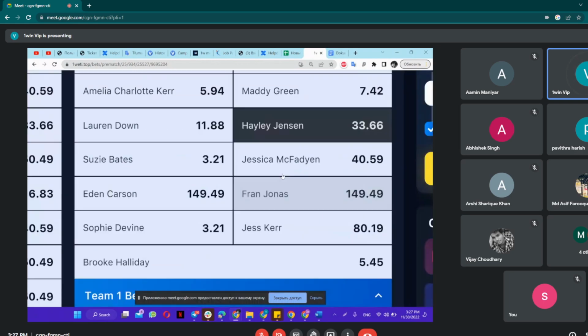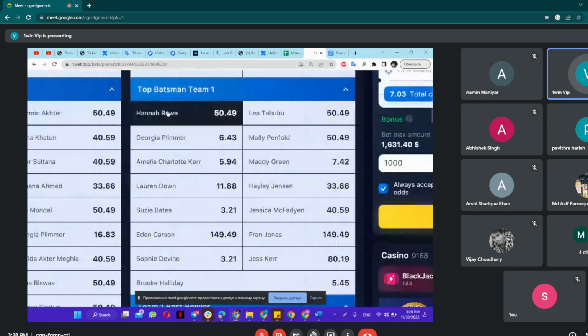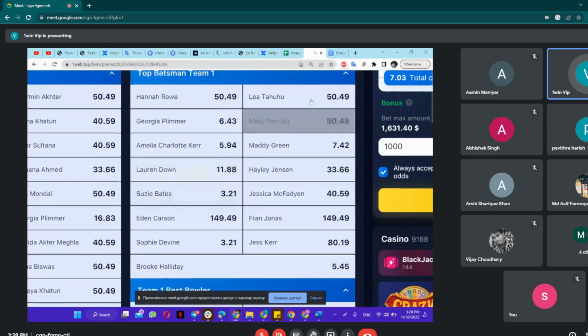Again, we also have, for example, this bet: top batsman team 1. We have all batsmen of the first team, so we have a full range of betting. We are able to place a bet on each batsman of the first team, whichever will be the best in our opinion as a client.